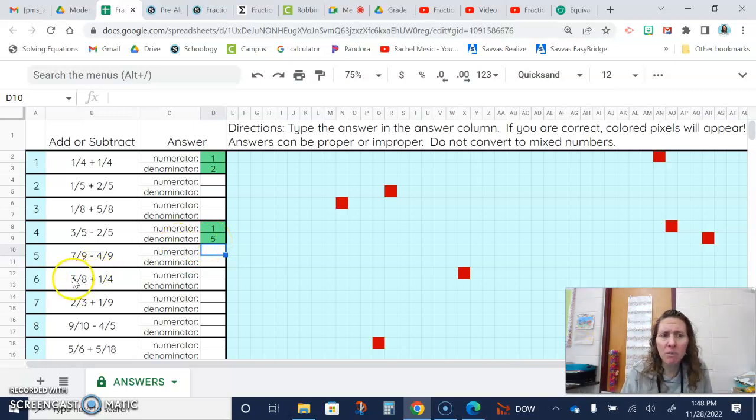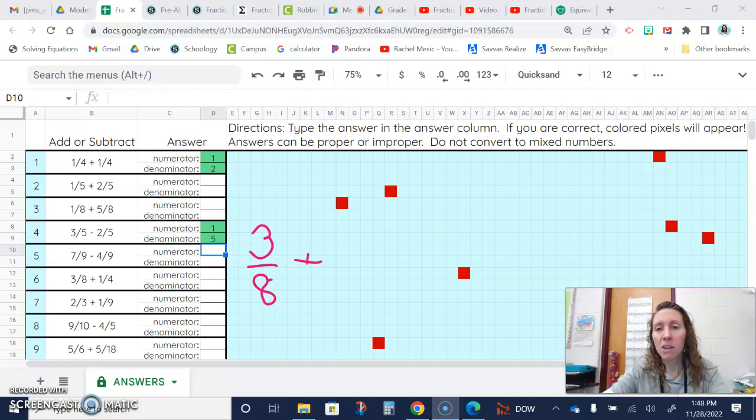All right, let's skip down to number 6. For number 6, we have different denominators. All right, I'm going to write that problem out here in the middle. So we have 3/8. And we also have 1/4.